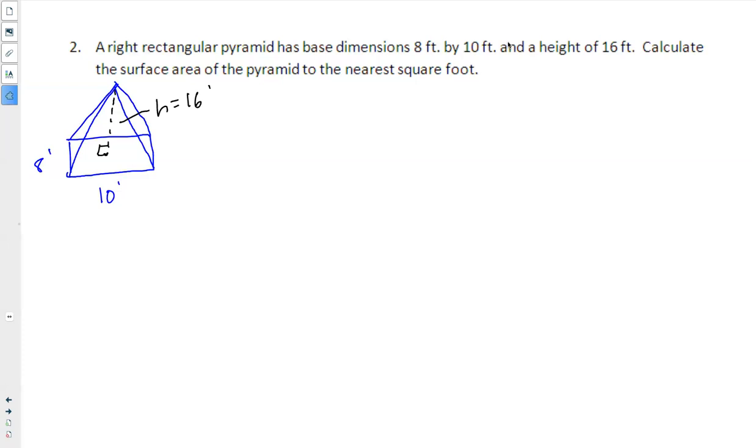Okay, so we know the height when we know the base dimensions, but we do not know the slant height. Okay, and also we need to note that our slant height on the front and the back are going to be different than the sides.